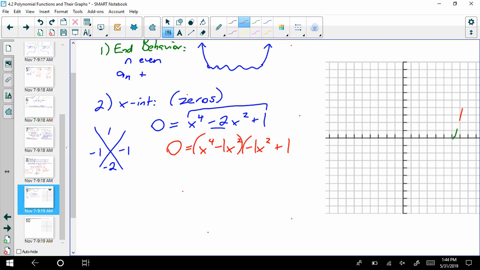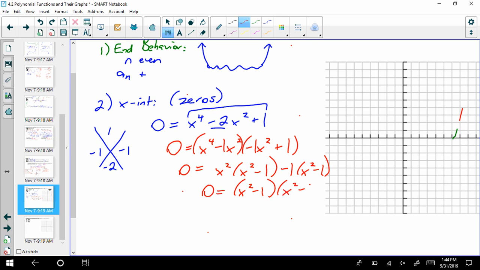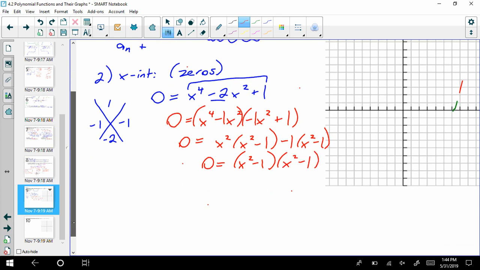Group. It looks like I get x squared minus 1 times x squared minus 1. Now, if we really wanted to, we could factor each of those again because both of them are the difference of squares.